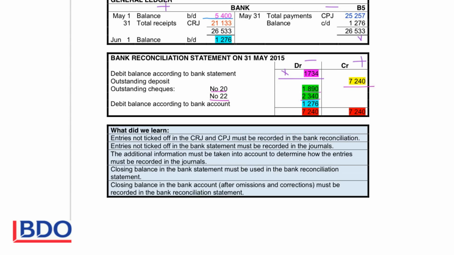Then I will go and record the totals of the total receipts in the cash receipts journal and the total payments in the cash payments journal and transfer it to the bank account.